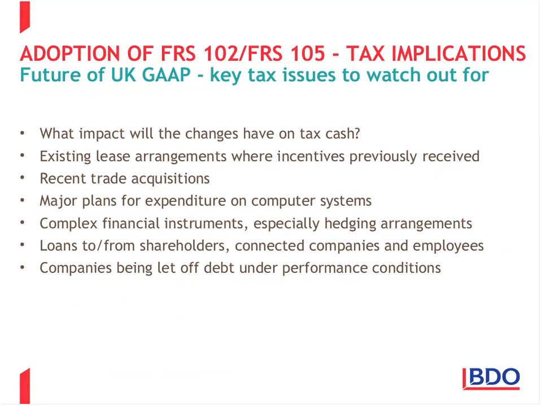So, what are the key tax issues to watch out for on the change to UK GAAP? Well, as we have demonstrated, the tax deductions and taxable receipts as a result of the change of accounting policy to FRS 102 will change the tax profit and therefore the tax payable, i.e. the tax cash.